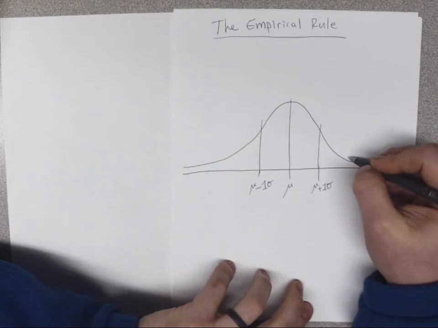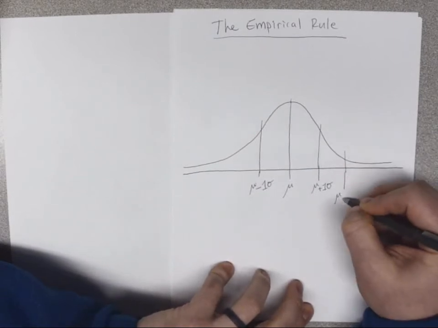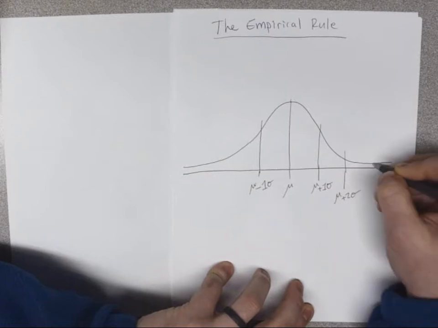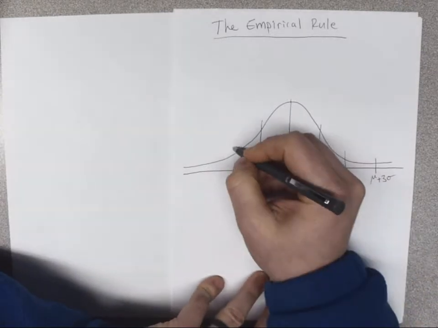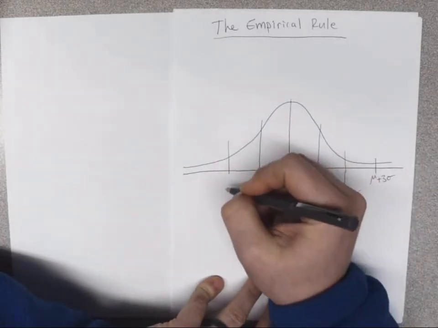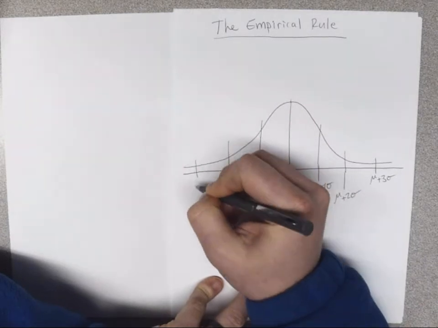So I'm going to come in here and just finish labeling this. This is mu plus 2 sigma, and this is mu plus 3 sigma. And I'm going to do the same thing over here. This is mu minus 2 sigma, and here is minus 3.